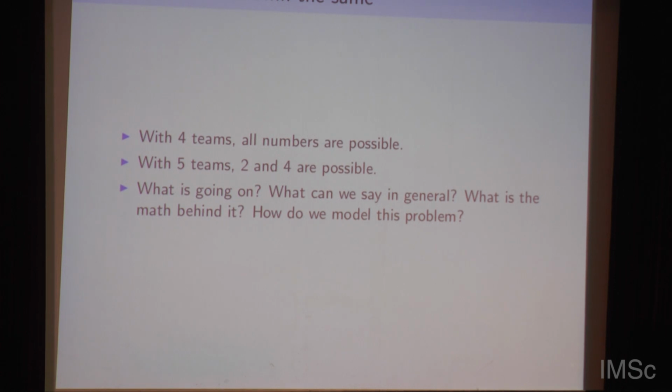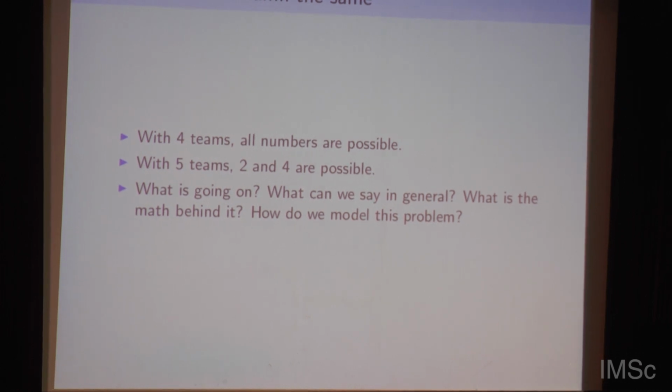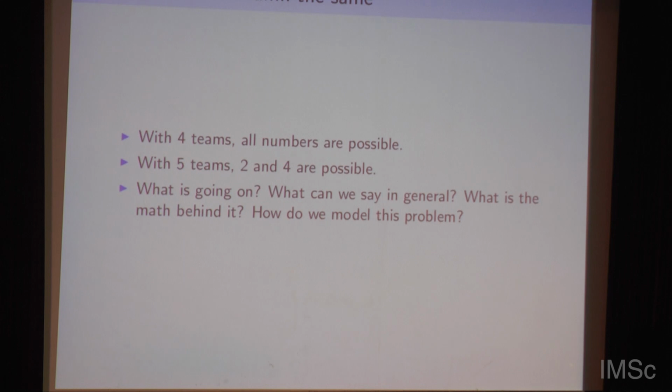Is that possible? We want to answer these kind of questions. So why is it that sometimes it's possible, sometimes it's not possible? What is the math behind this? How do we model this problem? Okay, these are the kind of questions we're going to be looking at the next half an hour or so. Okay, so how do we model this problem?